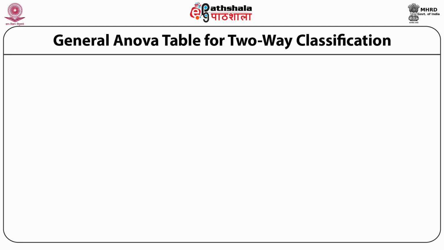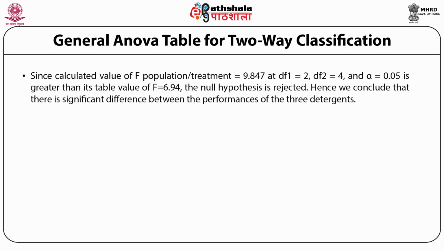Now here you can see that the F table value is less than the calculated value, or you can say the calculated value 9.847 is greater than the table value. Therefore, the null hypothesis is rejected. Hence, we conclude that there is a significant difference between the performance of three detergents.